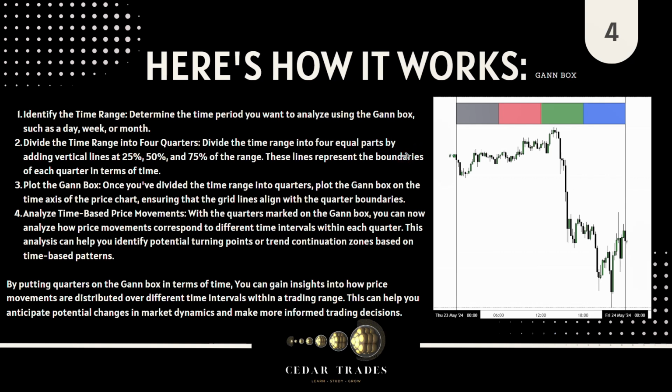So then with that, you analyze time-based price movements. With the quarters marked on the Gann box here, you can now analyze how price movements correspond to different time intervals within each quarter. This analysis can help you identify potential turning points or trend continuation zones based on time-based patterns.